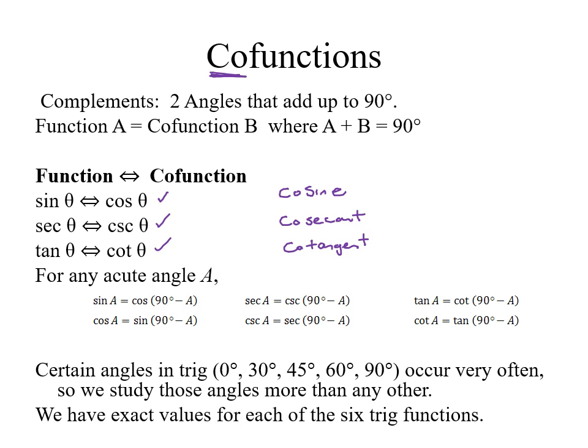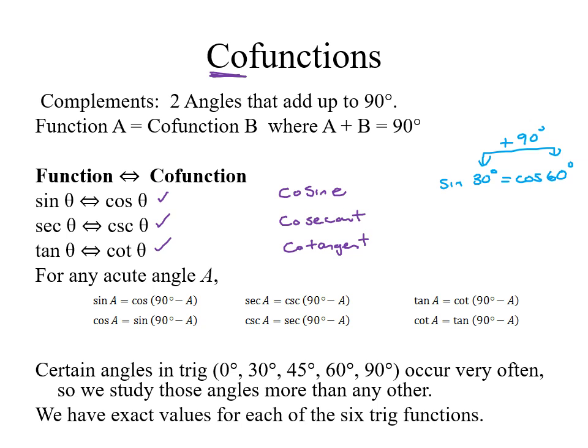So if you had an angle, sine of any angle would be the same thing as cosine of 90 minus that angle. That's why if you notice back on one of the charts that we did, things like sine of 30 degrees and cosine of 60 degrees, they're the same thing because these are cofunctions of each other and these two angles add up to give you 90.